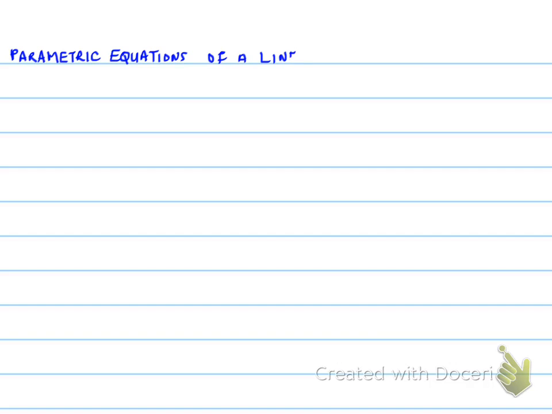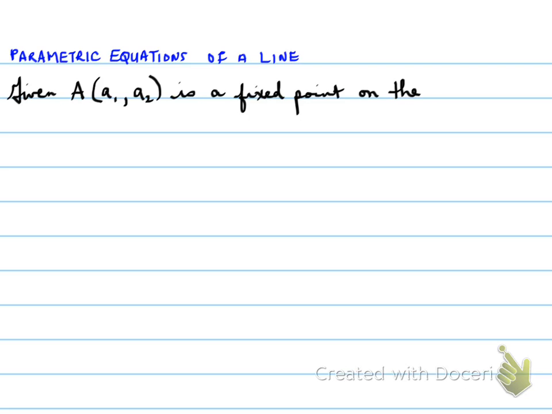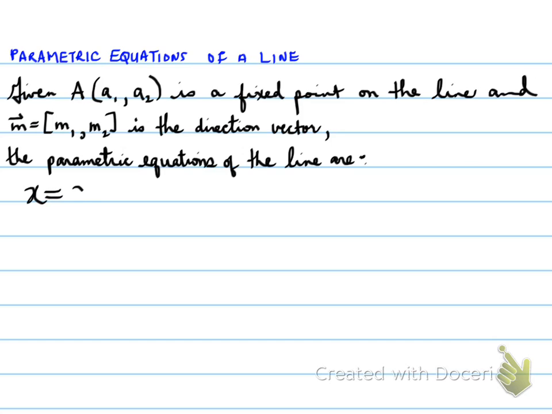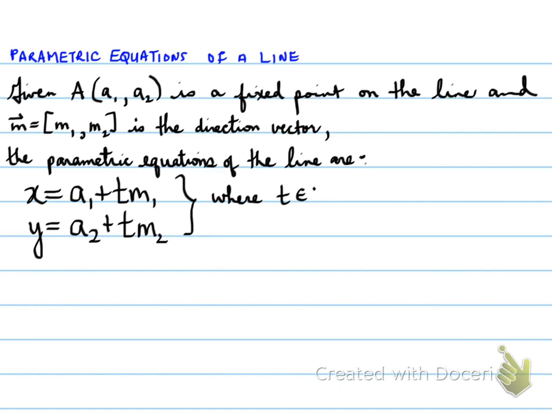If you're given a fixed point (a1, a2) on the line and a direction vector (m1, m2), the parametric equations of the line are x equals a1 plus t times m1 and y equals a2 plus t times m2, where t again is a real number known as a parameter.